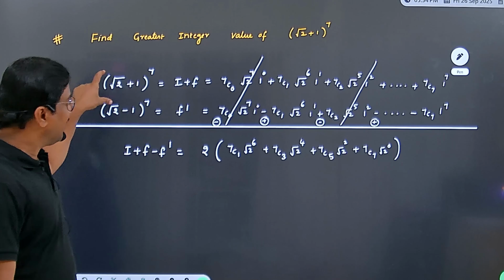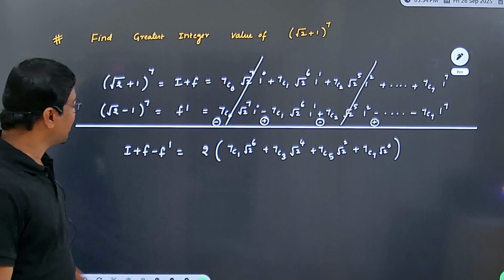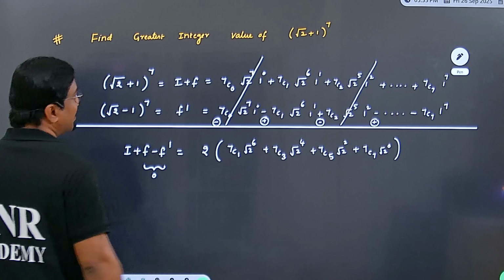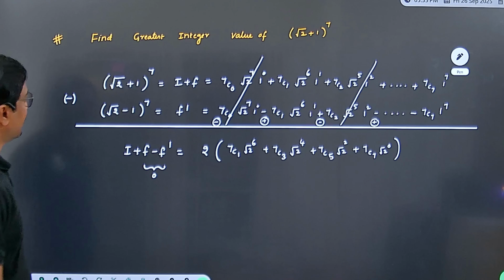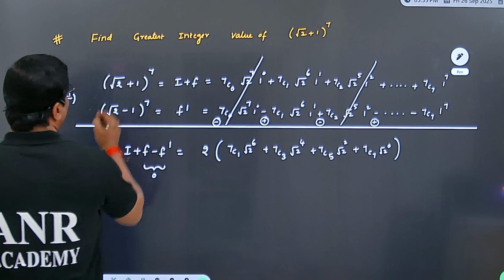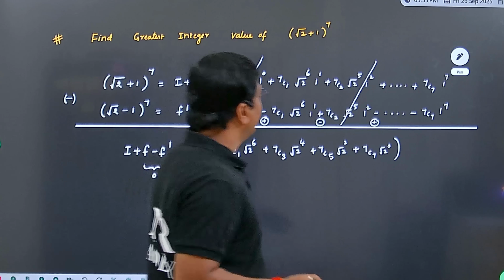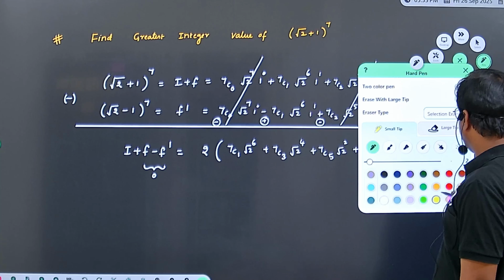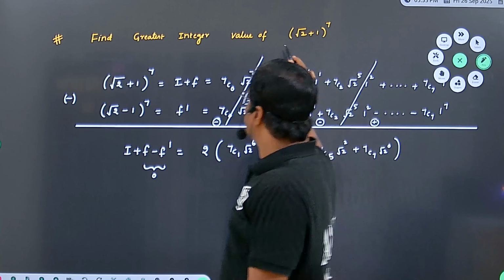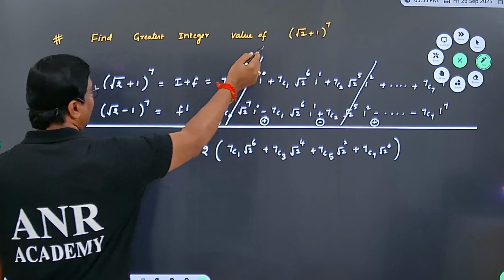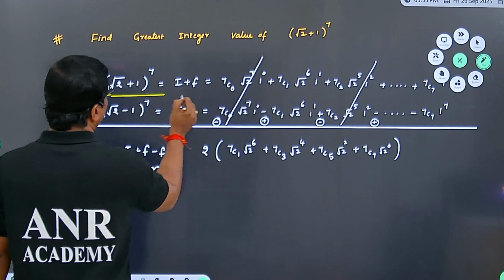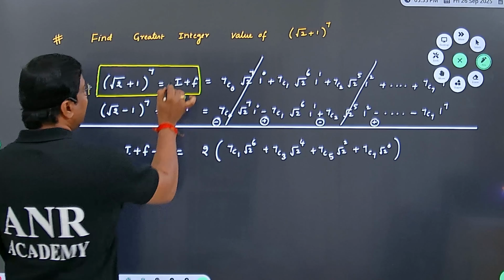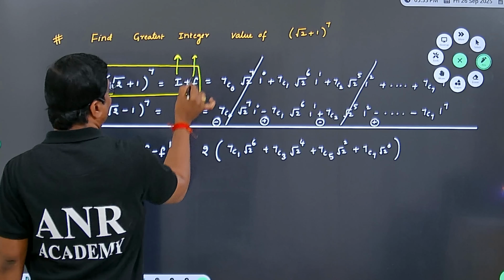And we know that in this case f minus f dash is clearly 0, right? The aim is: in root 2 plus 1 whole power 7, we need to find the greatest integer value. Root 2 plus 1 whole power 7 is already assumed to be greatest integer plus fractional part.